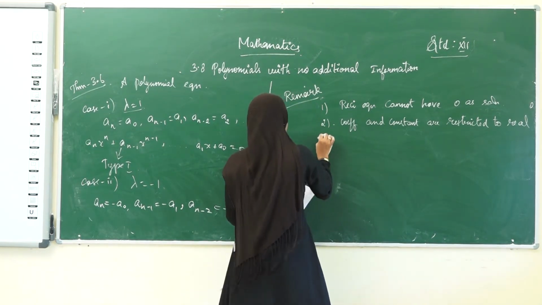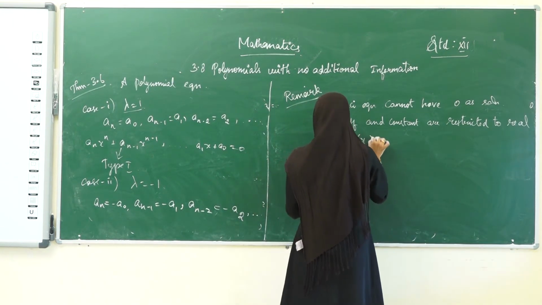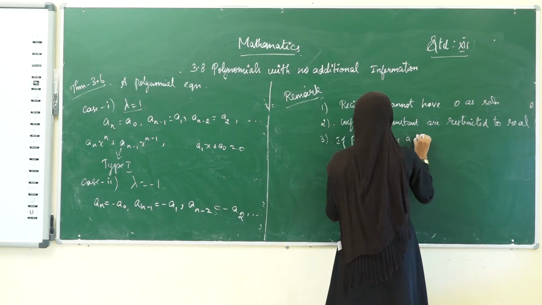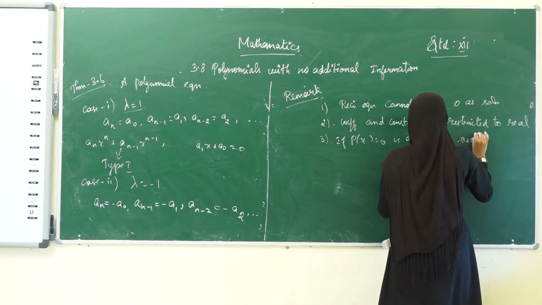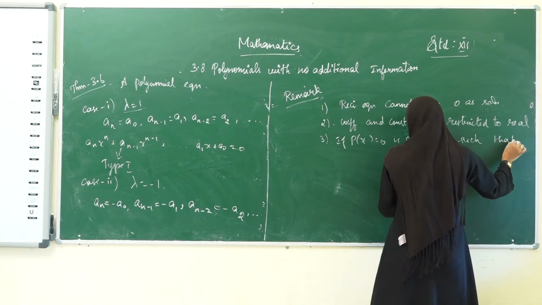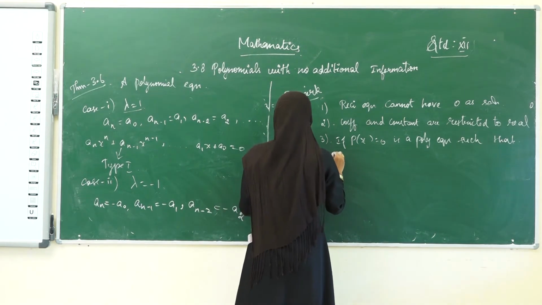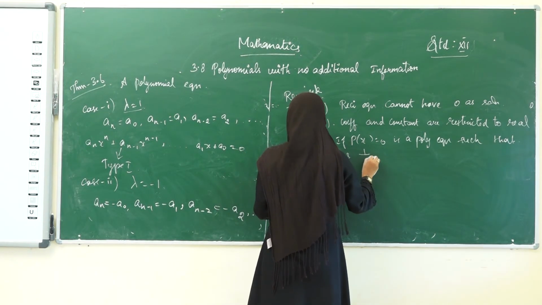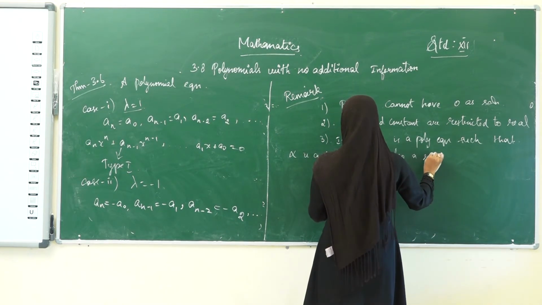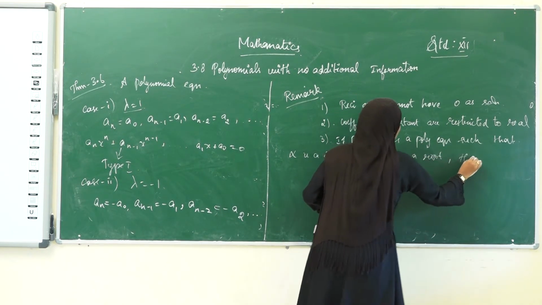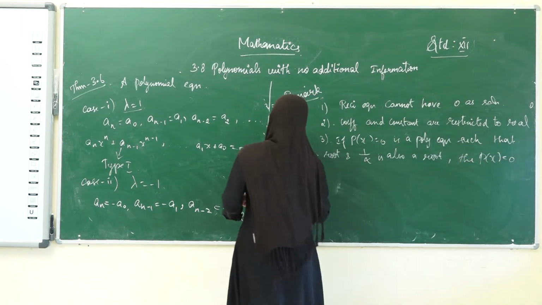In the third remark, they have given a statement: if p of x equal to 0 is a polynomial equation such that alpha is a root and 1 by alpha is also a root, then p of x equal to 0 is a reciprocal equation.